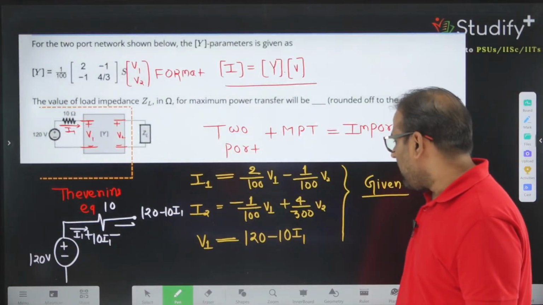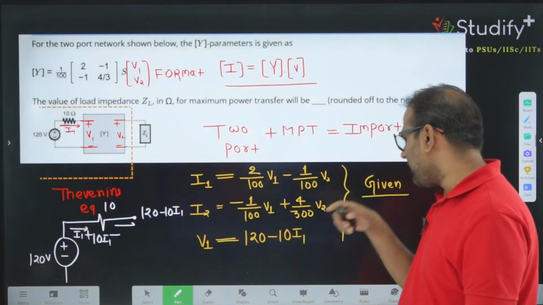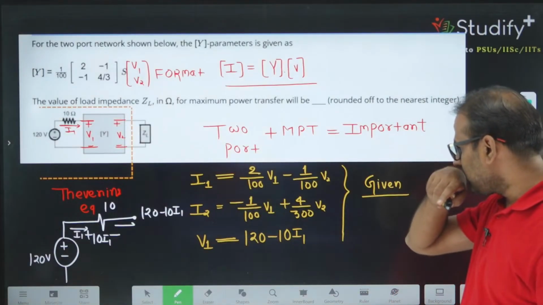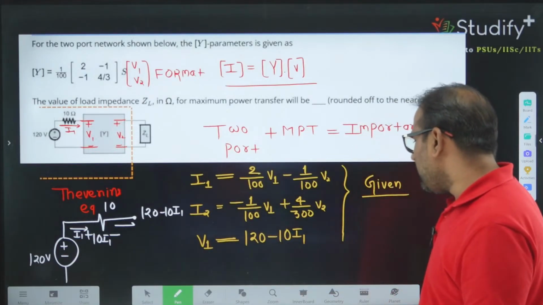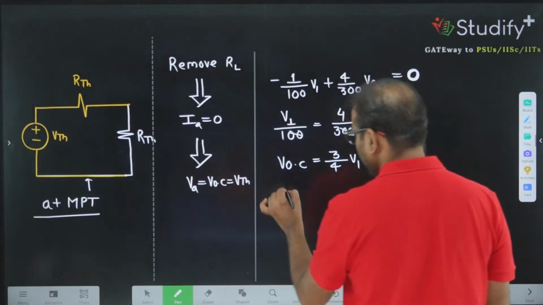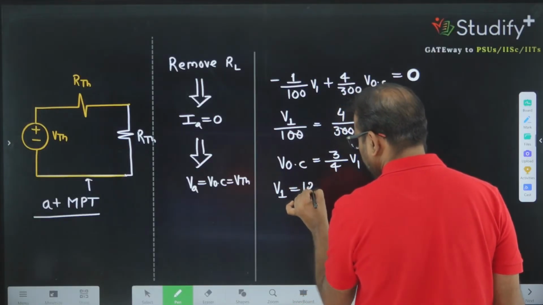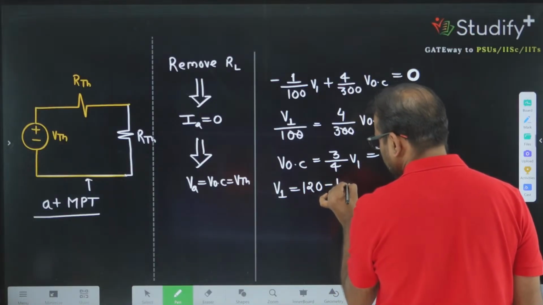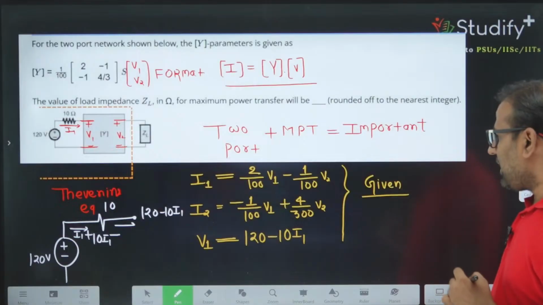Another equation, if I make I2 equal to 0, okay, one equation we are having from here. I can write V1 is equivalent to what? 120 minus 10 I1. So V1 is equivalent to 120 minus 10 I1. And what else are we having?